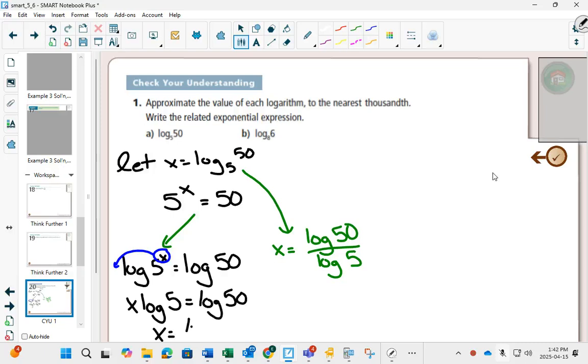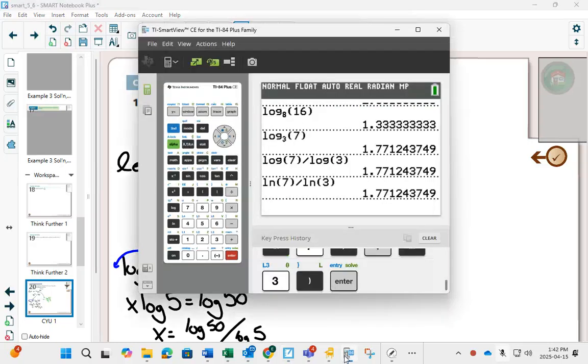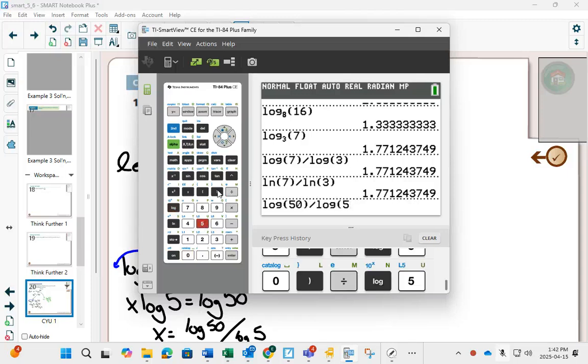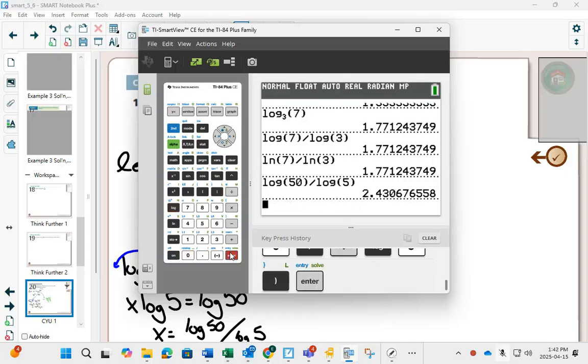And then I can divide, and I get log 50 over log 5, the same as I would have using the change of base theorem. But there's a possibility you forget something. So then you would have to go back to the basics of just using your log laws. Either way, if we want this to the nearest thousandth, we can now type in log 50 divided by log 5, and we get 2.431.